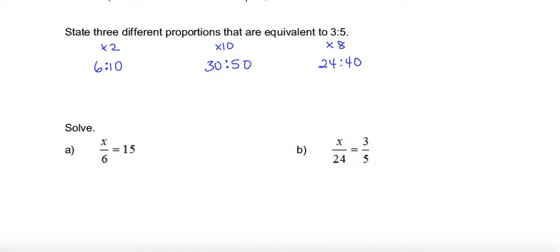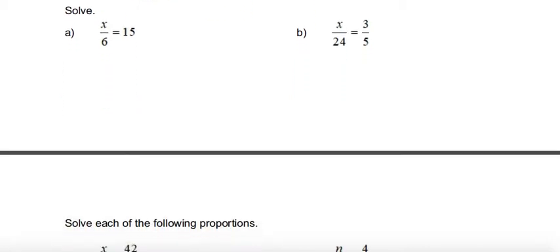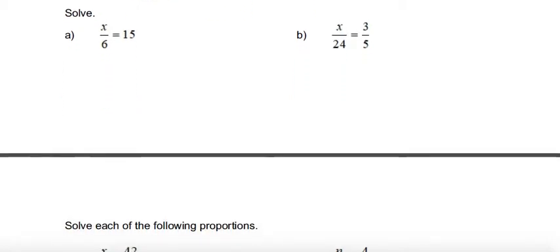So now that we know the concepts of equivalent fractions and we know how to determine if ratios are in proportion, we're going to use our skills of algebra. So when we looked at solving equations, this is going to come in very handy for us in order to solve for proportions. So what we want to do is we want to isolate x. So we want to get x all by itself.